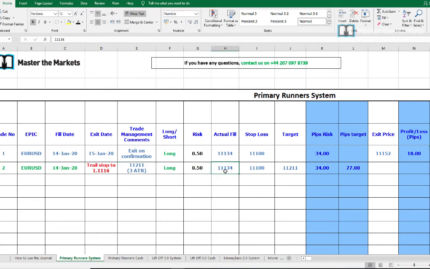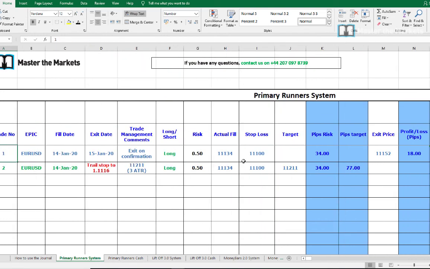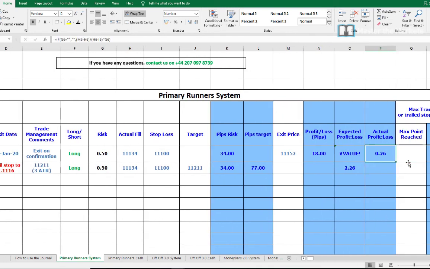So that's the only one we've closed. 0.26% profit is what I've got, traders. And how many pips? 18 pips of profit is what I've got over here.